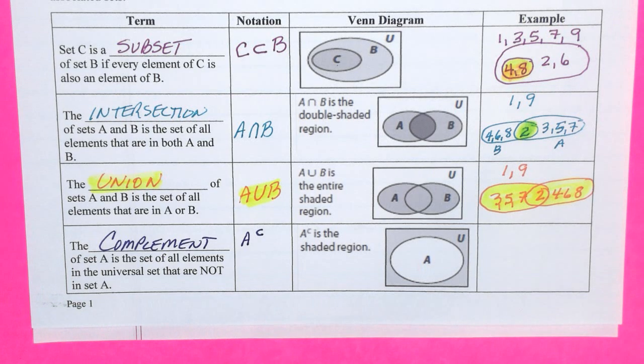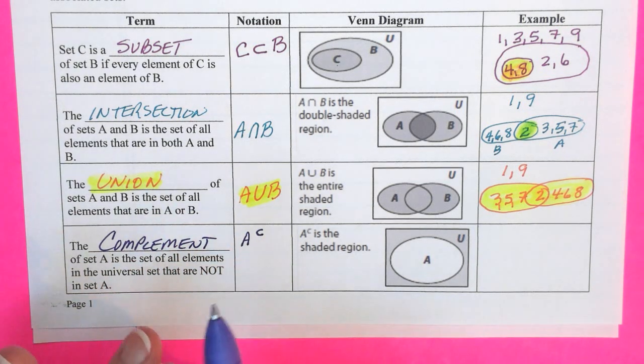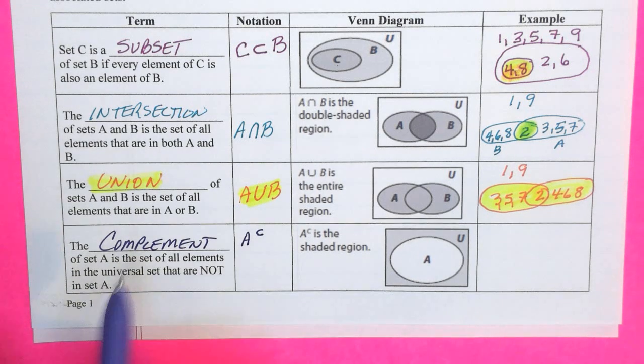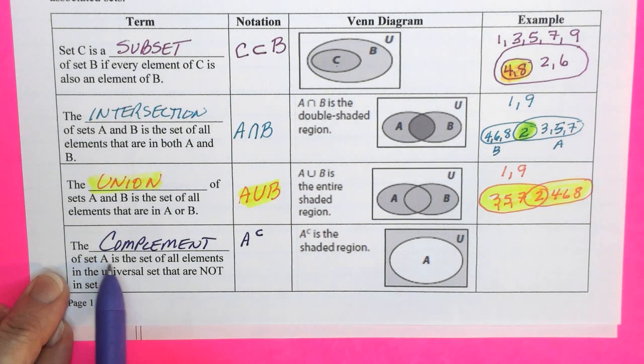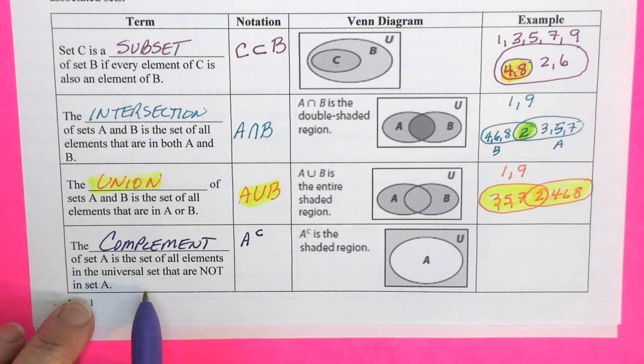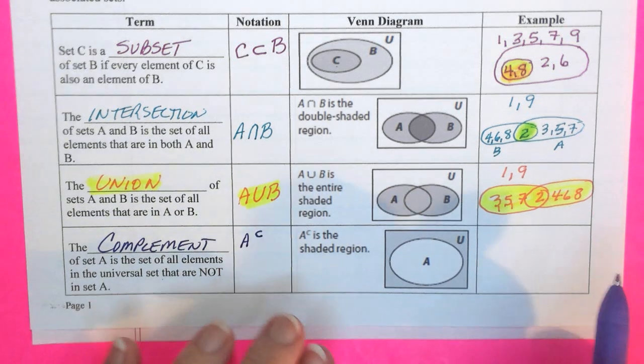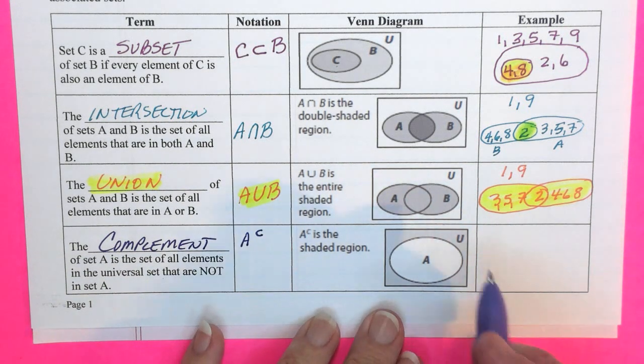There are some old notes that have the negation symbol we used in the logic unit, because truly the complement of A is everything from the universal set. Well, let's read it here. The complement of set A is a set of all elements in the universal set that are not in set A. And so that's why someone had put the negation symbol to show not A. But I've never seen that in a textbook or something that's true. I think it's just a shorthand by the teacher that did do that original key.